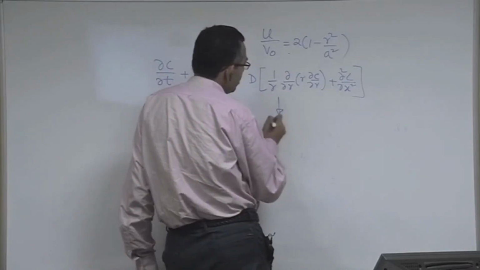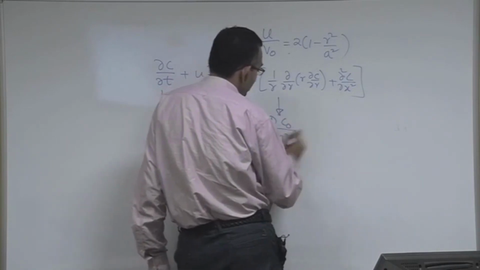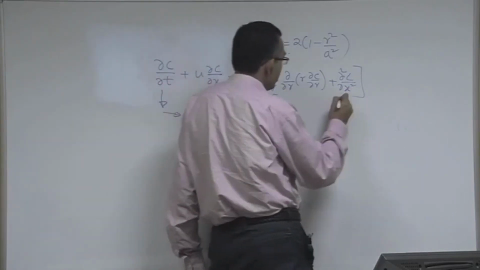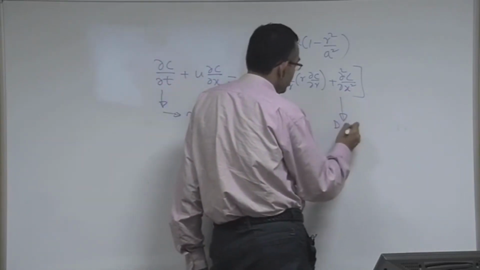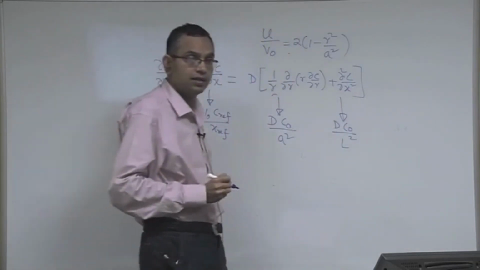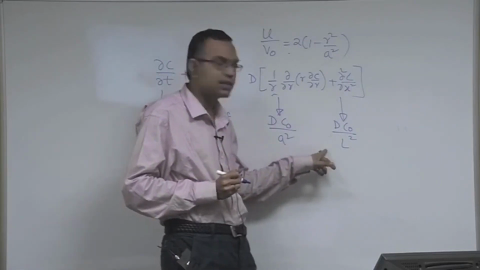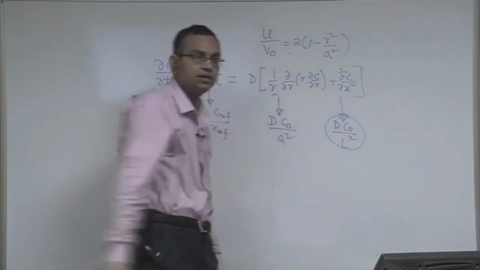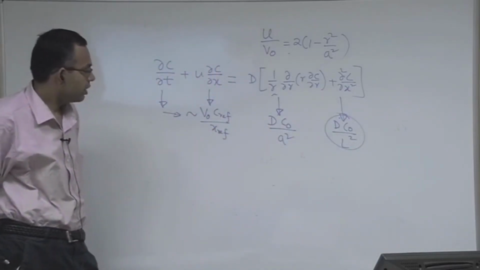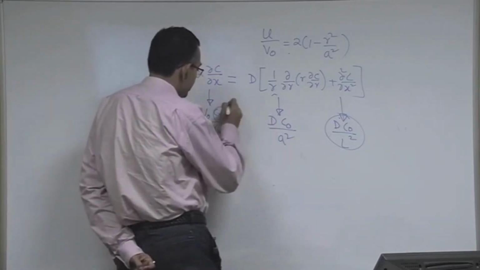Order of magnitude D C0 by a square. This is of the order of D C0 by L square, because the tube radius is much less than the axial length scale, we will usually neglect this contribution. Now this C reference is C0.